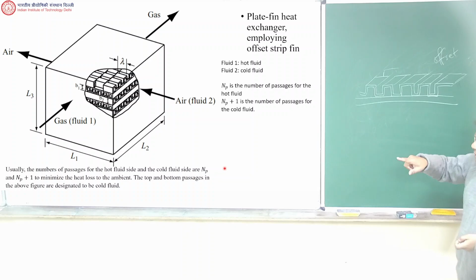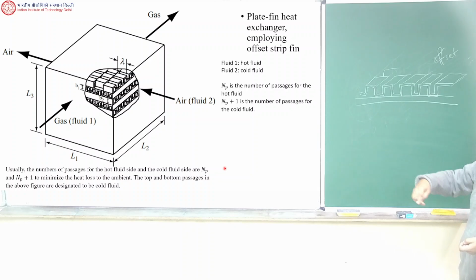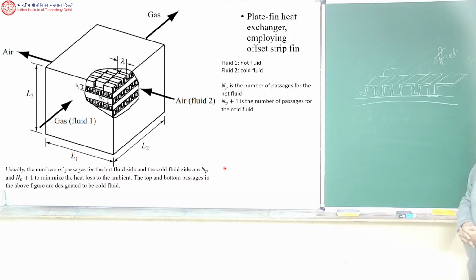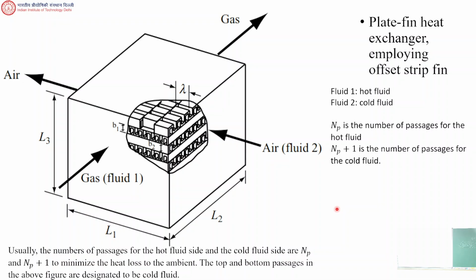So we have this gas, fluid one, which is hot fluid. Let's say it's flue gases, combustion products. Then you flow air and then you use the heat contained in that hot exhaust gas to heat the air, which maybe you will use for some purpose. Right. So this is the idea. So the numbers of passages are not the same.